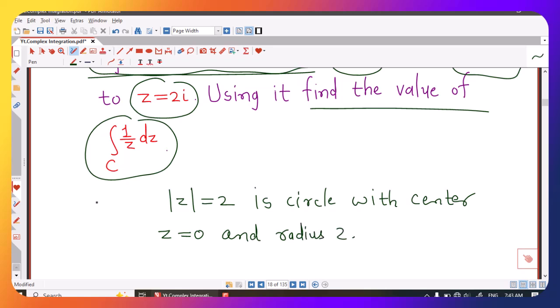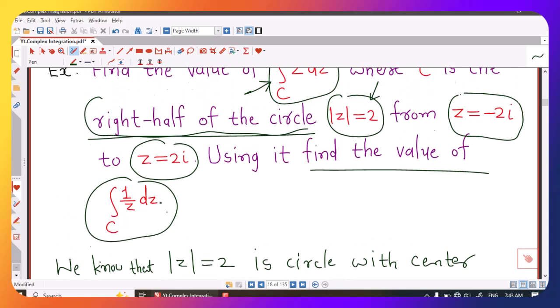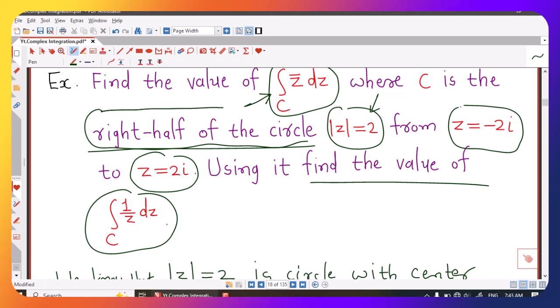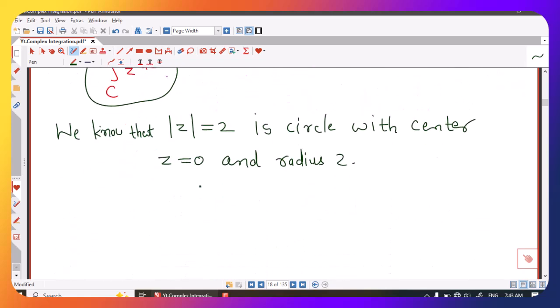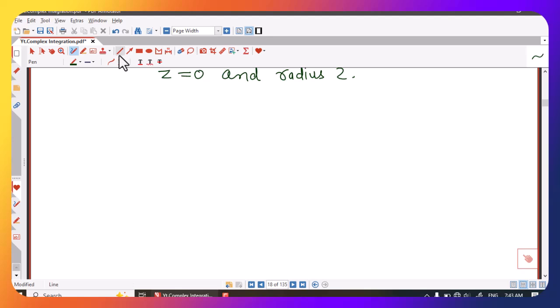We know that mod z equal to 2 represents a circle with center 0 and radius 2, and we have to consider only the right half of this circle between these 2 points, z equal to minus 2i and z equal to 2i. So first we roughly sketch this circle in the xy plane.